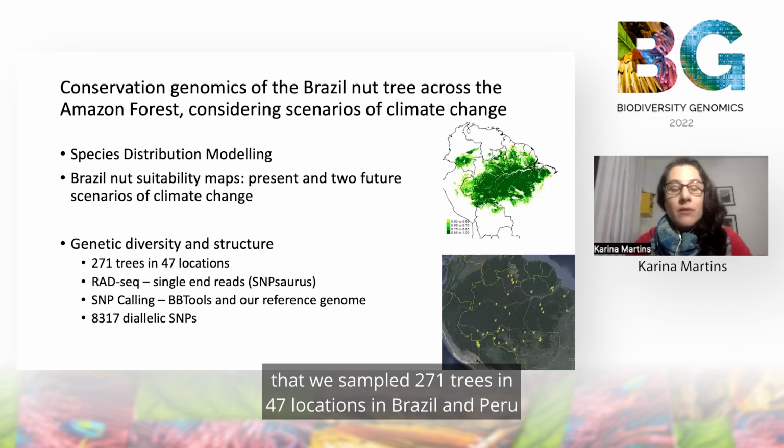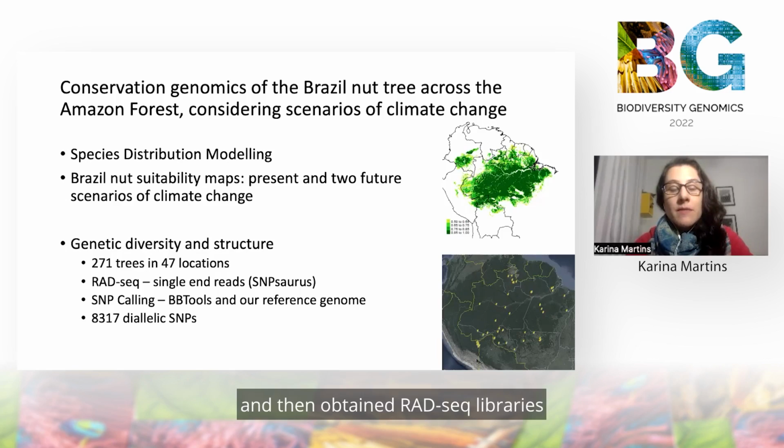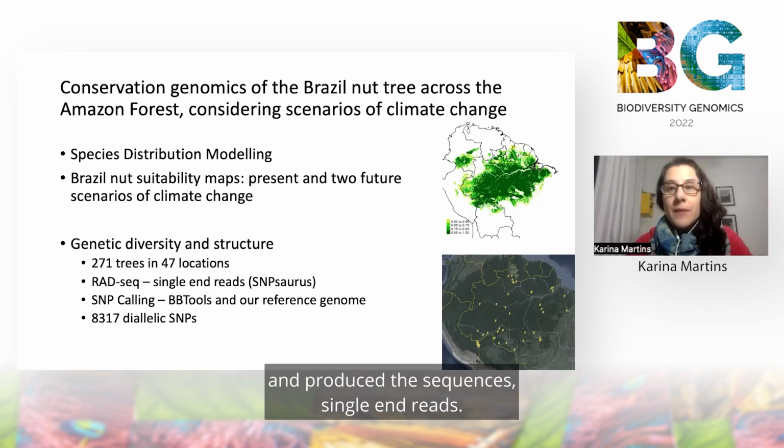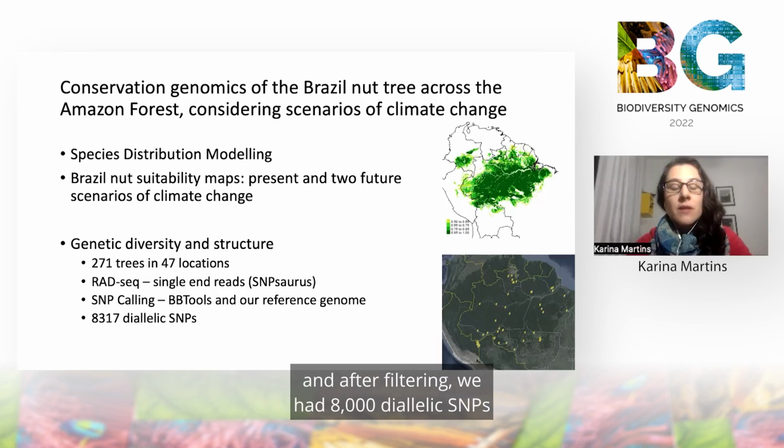We sampled 271 trees in 47 locations in Brazil and Peru, and then obtained RADseq libraries and produced the sequences, single-end reads. This SNP calling was done with BBTools and our freshly new reference genome, and after filtering, we had 8,000 biallelic SNPs.